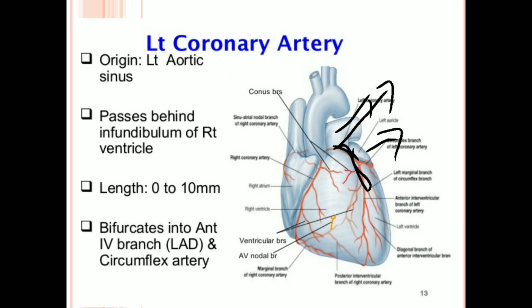Soon you can see it is dividing into two to three branches. So this is the course of the left coronary artery: from its origin, then between the pulmonary trunk and left auricle, then in the left anterior coronary sulcus.